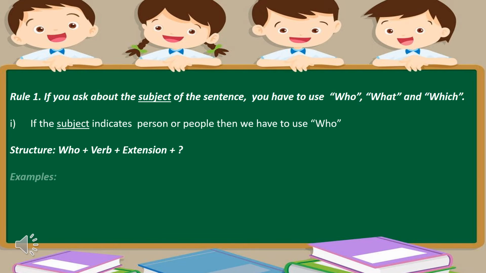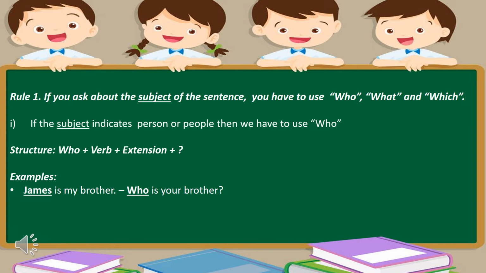The first example is James is my brother. Here James is the subject of this sentence and it is highlighted, so it indicates a person, and we know that who is used to indicate person, and I am asking about this subject.